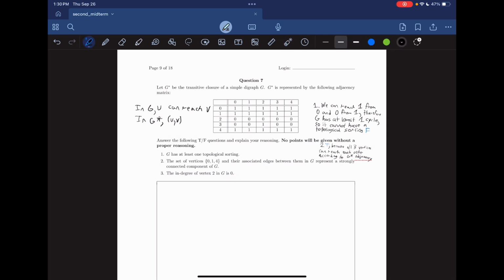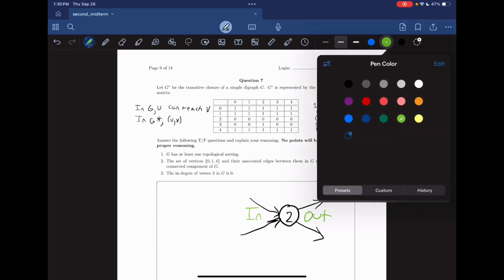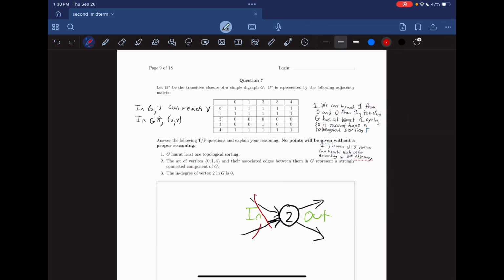In other words, that's saying that there are no edges that go into 2. Because remember, the in degrees are the number of edges that go into a vertex. The out degrees are the number of edges that come out. And so this is saying the in degree of vertex 2 in G is 0. So there's no edges coming in.